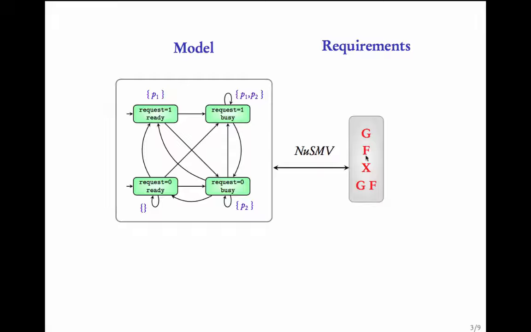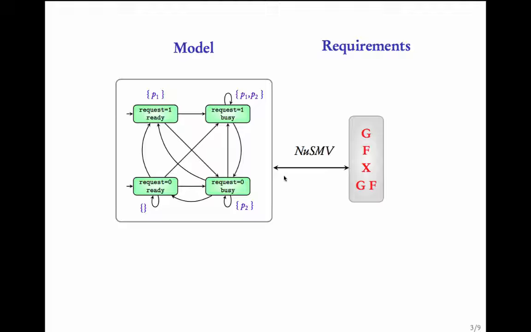F was the requirement which said that in every execution there is some state which satisfies the expression. X of an expression will say that the next state satisfies the expression, and GF expression says that in every execution the expression is true infinitely often.